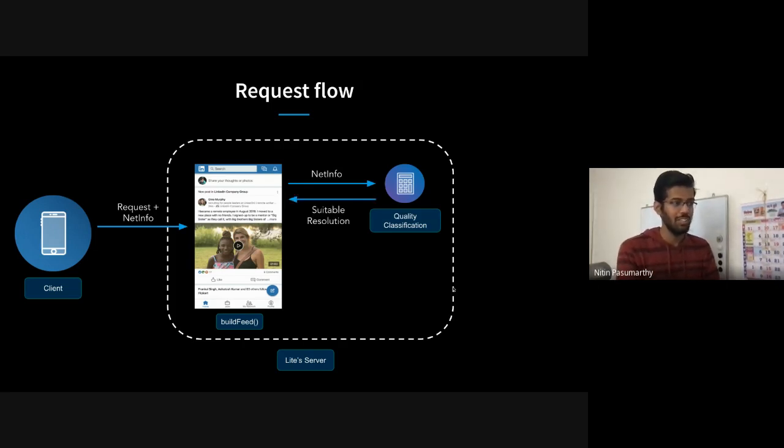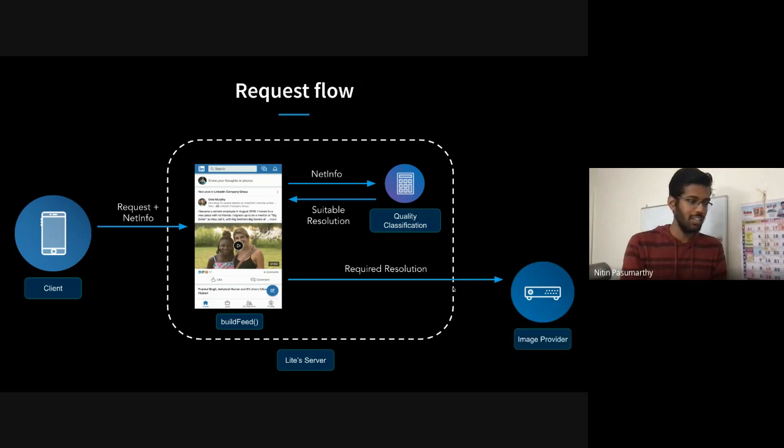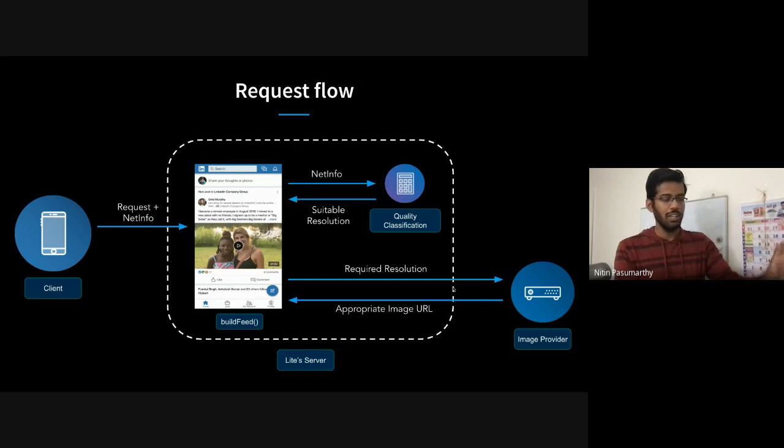It's a very simple if and else condition. If it is 4G, then let's go and ask the image provider, give me a higher resolution image. Otherwise, let's use a lower resolution image. So at a high level, this is how they do it. The decision making and also the result of what image URL to use is completely on the server. So nothing happens on the client and they return the feed page.